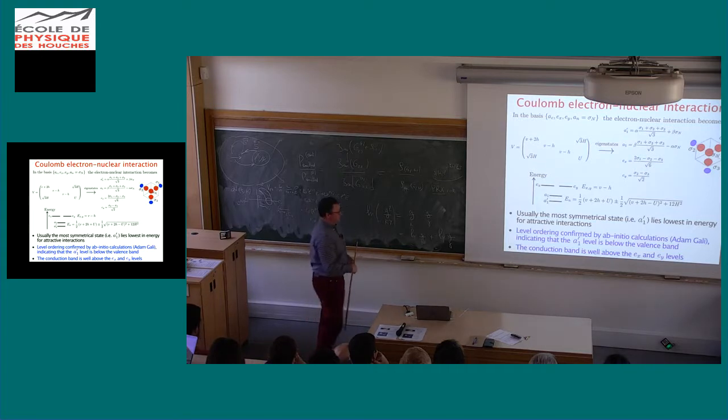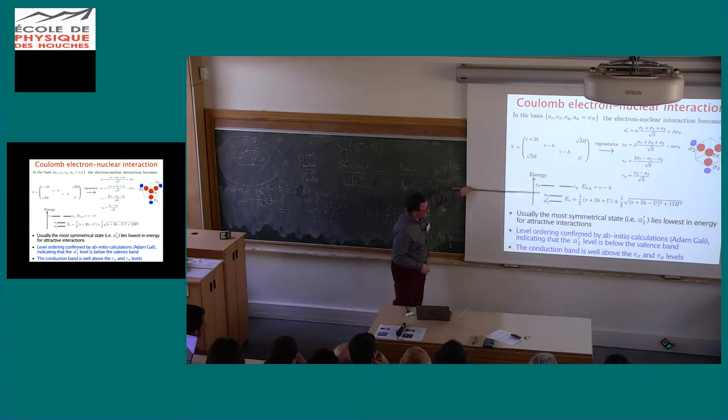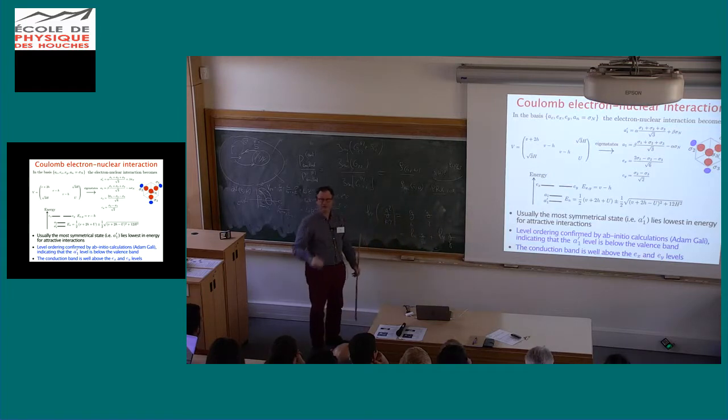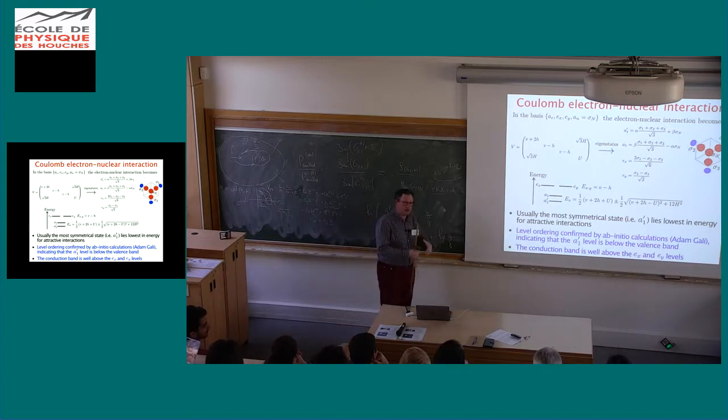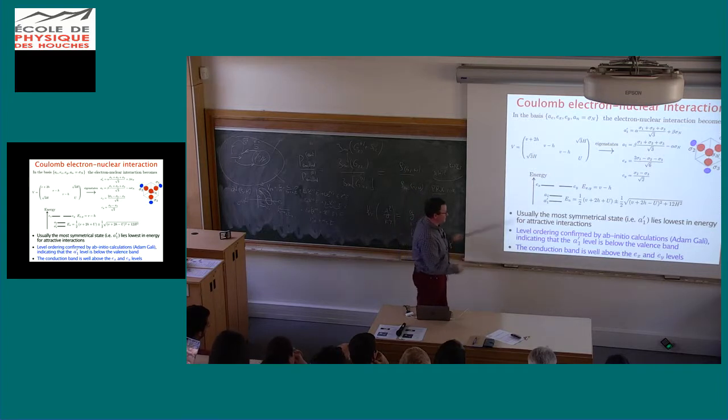And that allows you to calculate the order in which all these levels will be in energy. So it's not a method that is perfect from the very beginning. At one point, you have to use other components in the description.